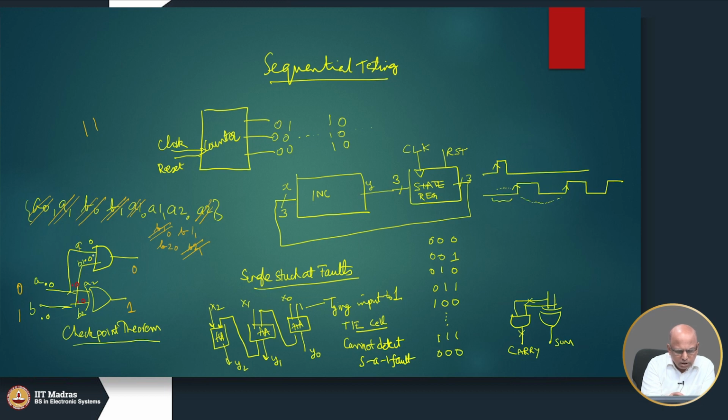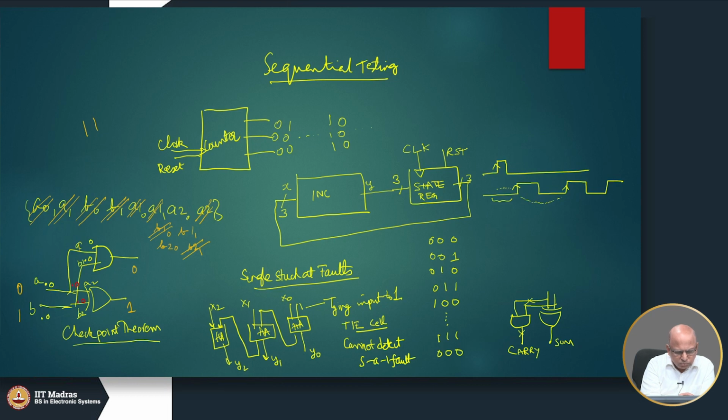One is if A1 is stuck at 1, I am getting a 1 here, and if A1 is stuck at 1, it will get caught. All the others are already caught, so we do not want to go into the others.